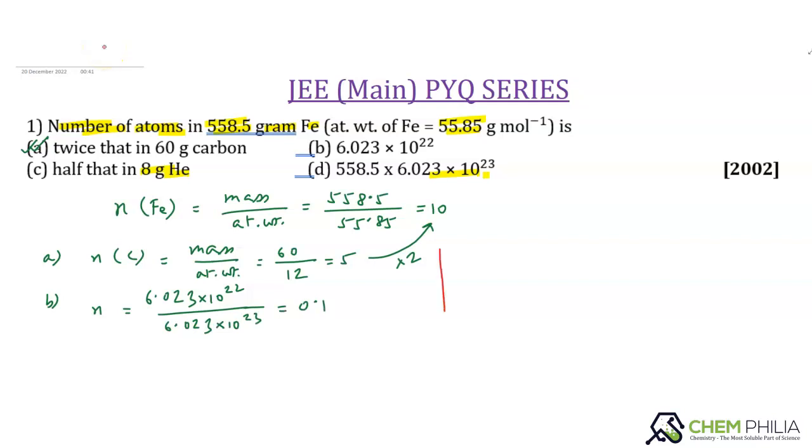Now, if we look at option C, half that in 8 gram of helium. So if we calculate the number of moles of helium, its mass by atomic weight, again mass is 8 gram and atomic weight of helium is 4, that is 2. And no, 10 is not the half of 2, obviously. And option D, it's a huge number, so it cannot be the answer of this question.